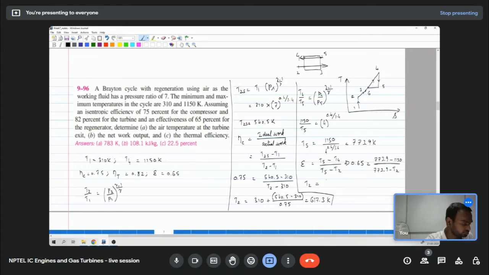I think the unknown here is T6. So then we have 0.65 equal to T5, 773.9, minus T6 (unknown), divided by 773.9 minus T2.